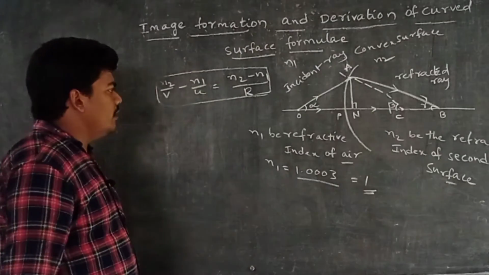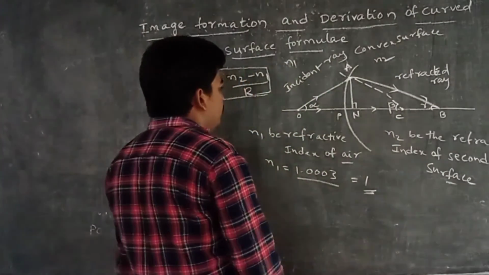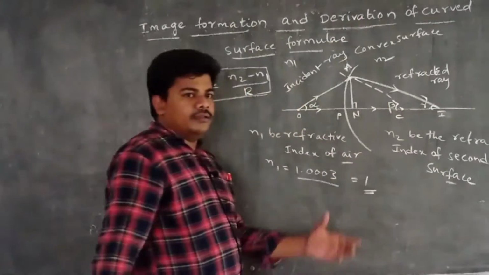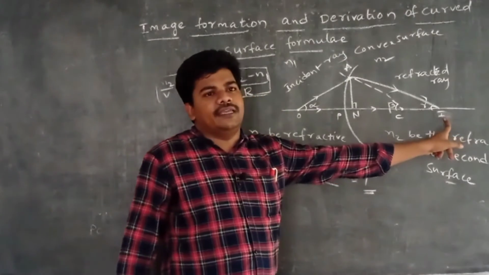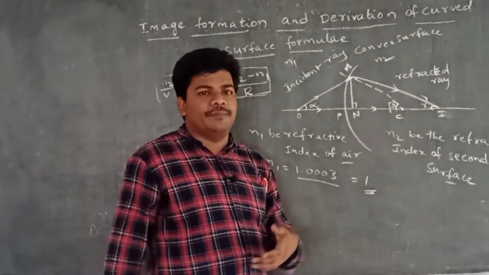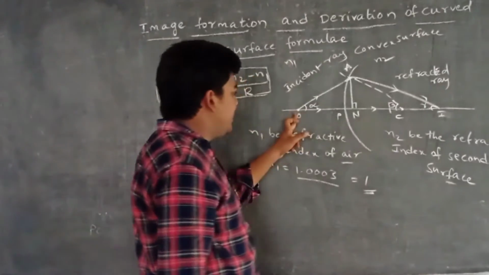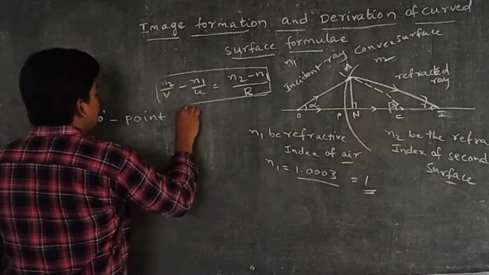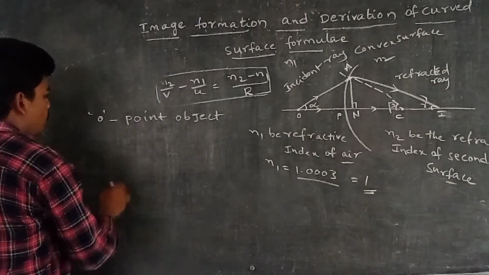So how to derive this formula? From the figure, the image is formed here because the first light ray does not deviate. It passes along the principal axis and goes through point I. Here we consider I as the image, because the image will be formed there. Let O be the point object.